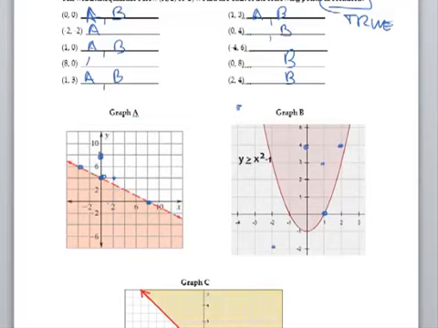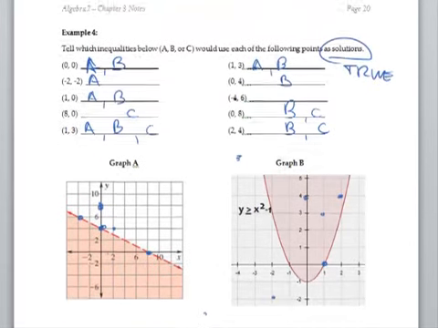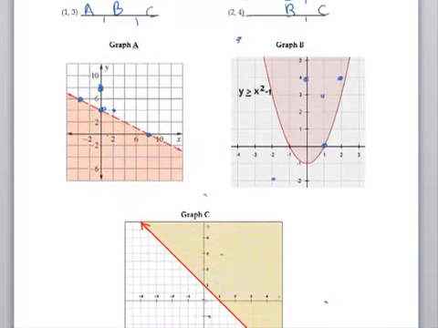Okay, so then if I wanted to go back and see which ones worked for C, let's take a look here. C is going through 1 and 1 right here. So 2 comma 4 would work for C. 0 comma 8 would be up off this graph. That would also work for C. 1 comma 3, yep. 8 comma 0 would be off on the side, so that one would work for C. We have points like 0, 0 and negative 2, 2. 0, 0 will not work.